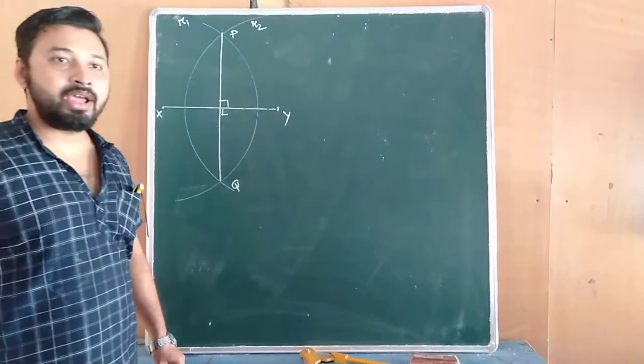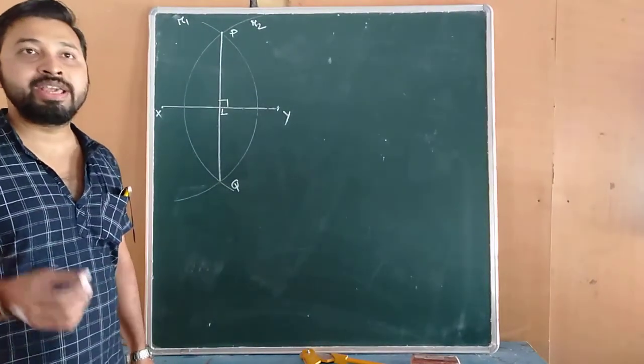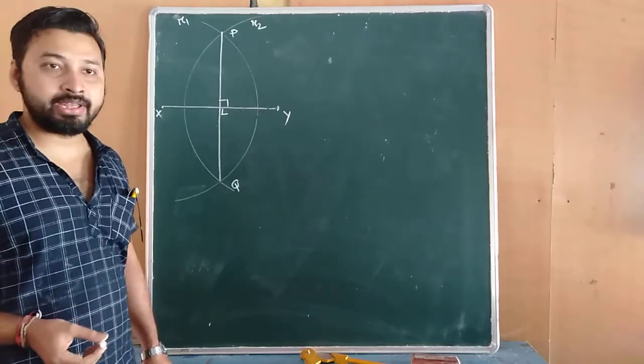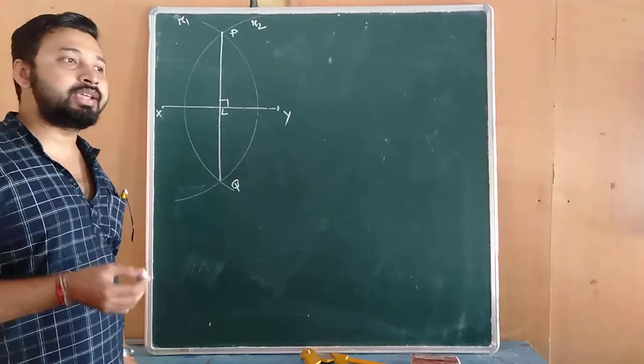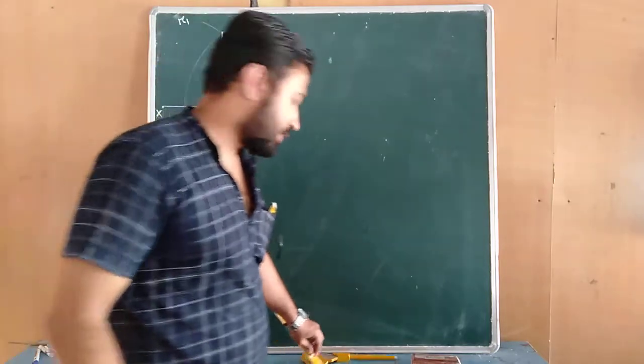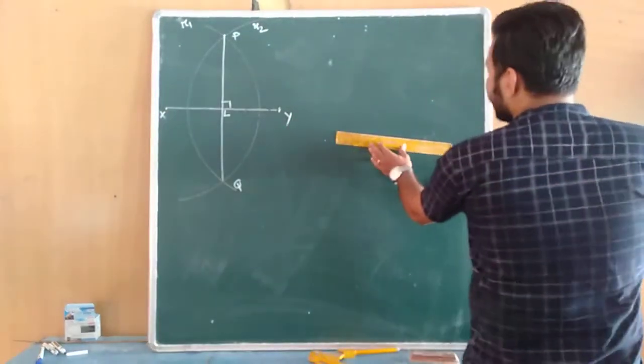Now we will learn how to draw an angle of 60 degrees at the initial point of a ray. Suppose we have a ray.